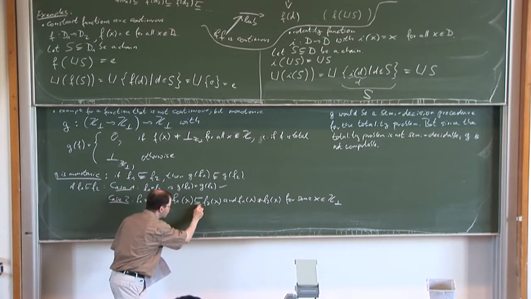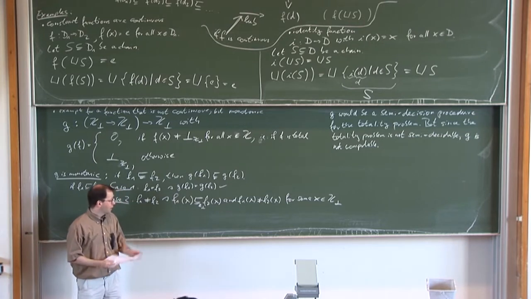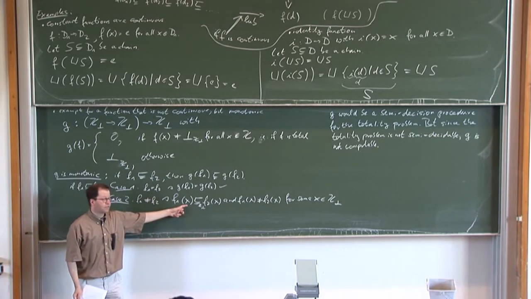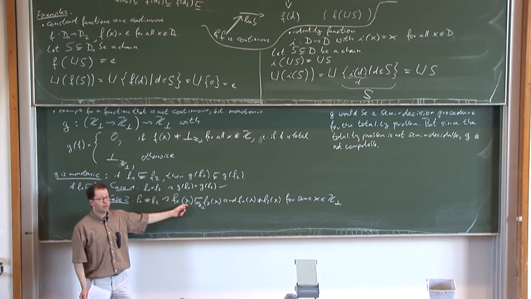Now this here is the less defined or equal relation on Z bottom. Now if they are not equal, and this thing is less defined than that, Z bottom is a flat domain, then there is just one single possibility. Then f1 of x must be bottom. Otherwise they would be equal.